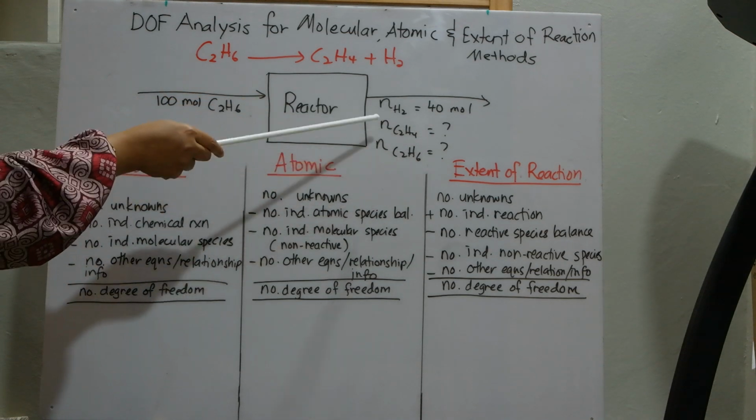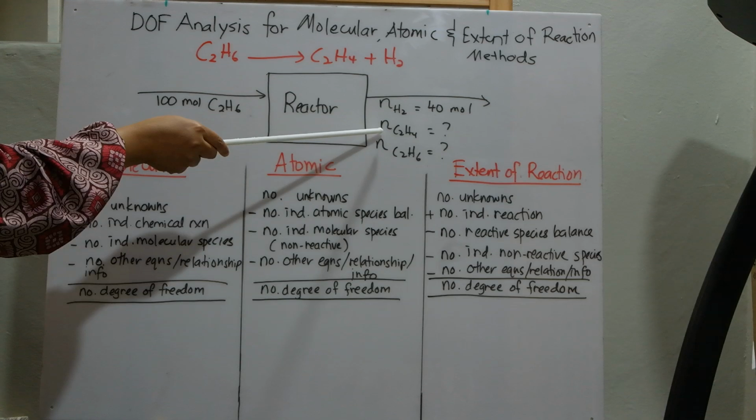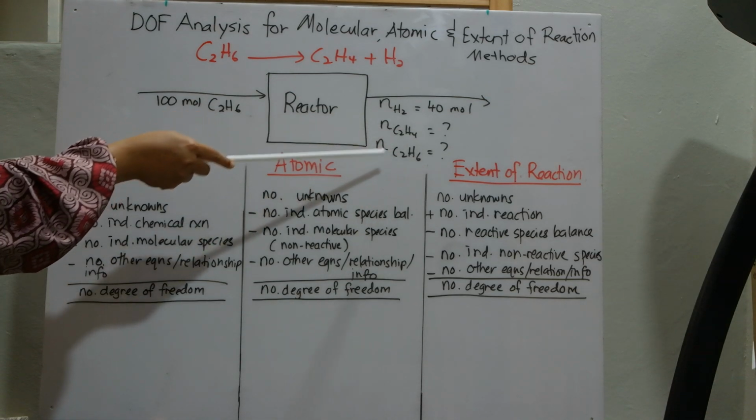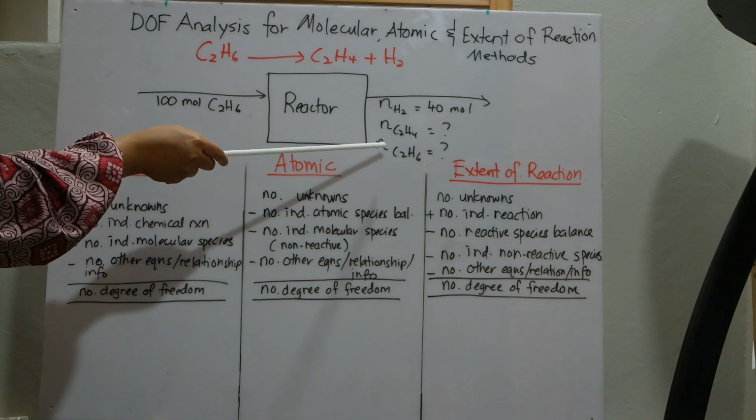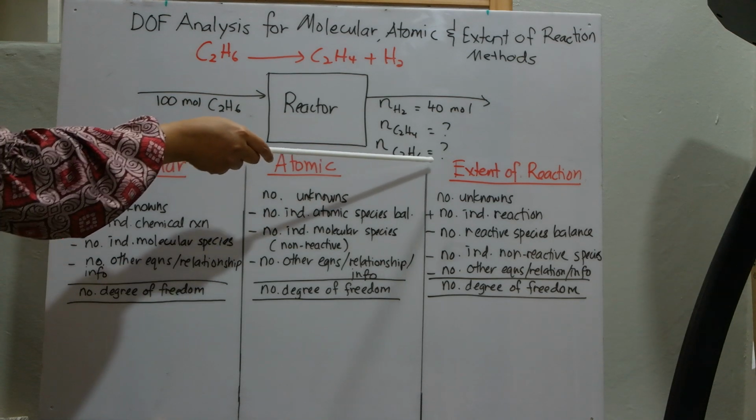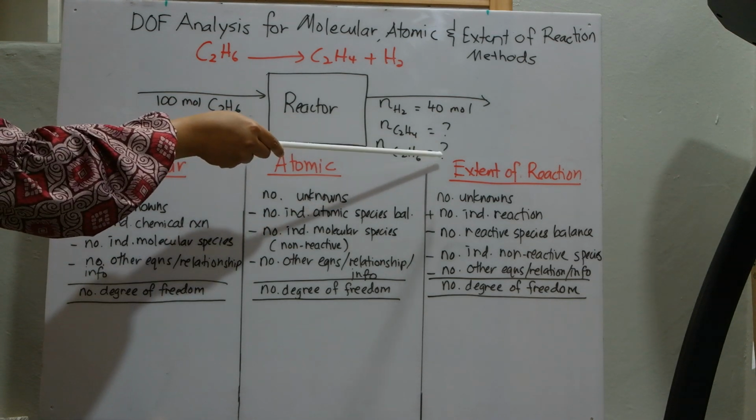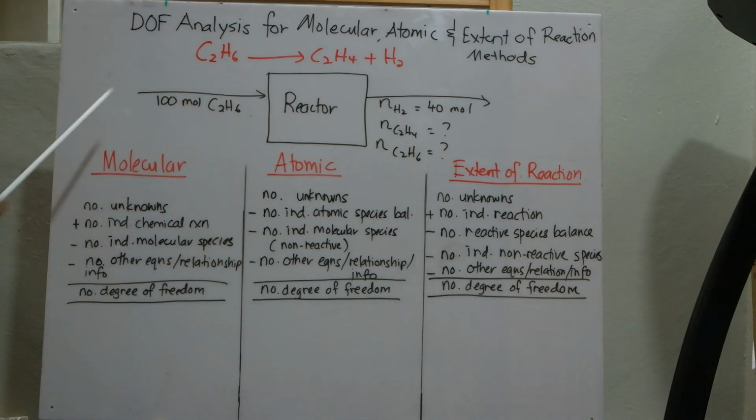The process wants us to find the number of mole of ethylene produced and the number of mole of ethane unreacted.